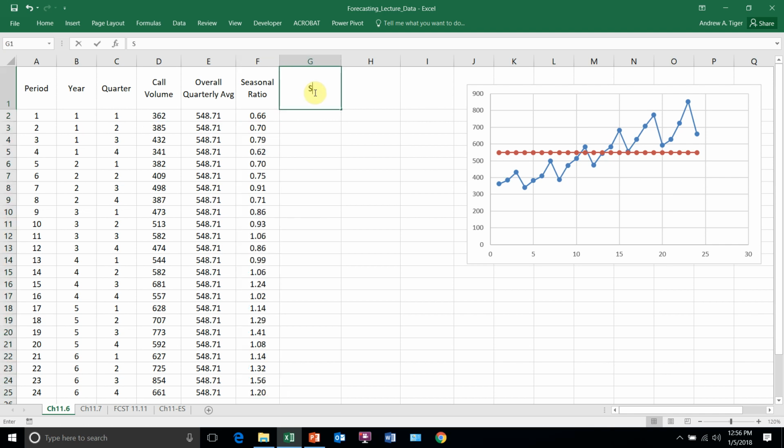The next thing we're going to do is calculate our seasonal index. Now the seasonal index is the average of all the seasonal ratios for our quarter. Since this is by quarters and we're looking at quarterly effects, I'm going to take the average of all of my quarter ones.